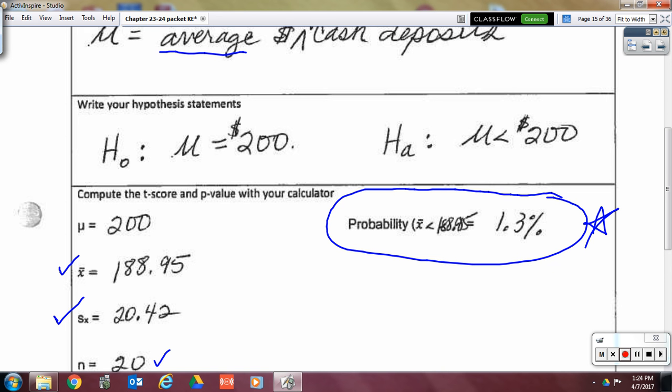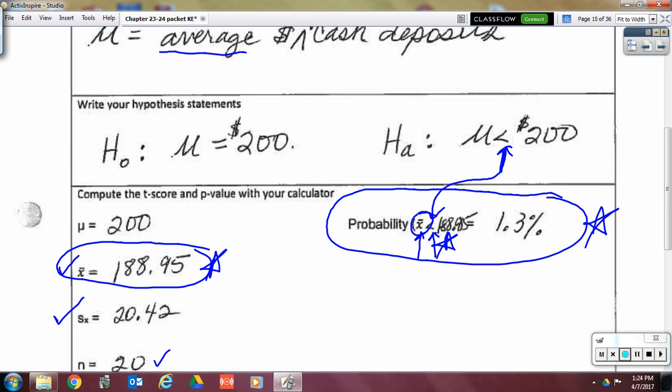This is your p-value, but we just write it in percents. So this x bar here, and then this sign is the same thing as your alternative, so it's the probability of getting this sample or something more extreme. Since this is talking about less than, more extreme is less than. And this is x bar, so I'm putting this x bar number right there. The same symbol on the HA goes there, and this same x bar number goes here.